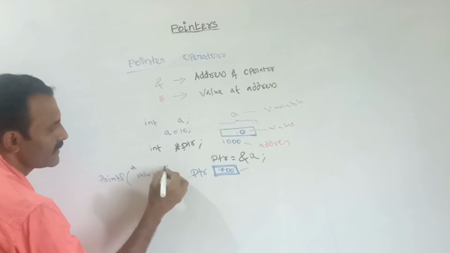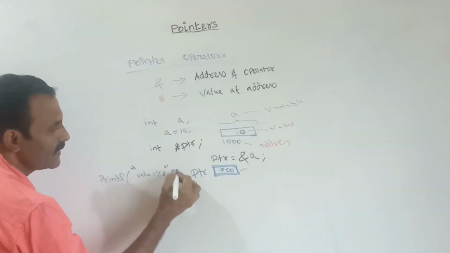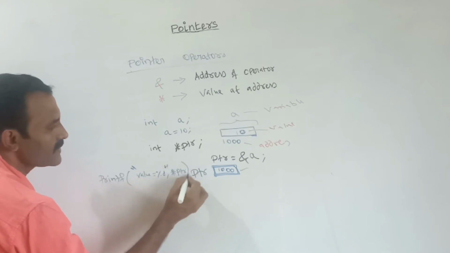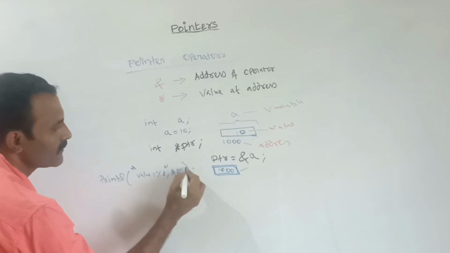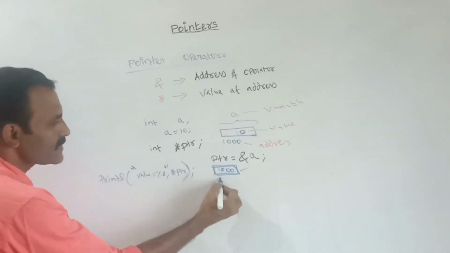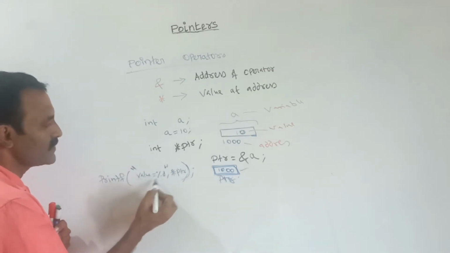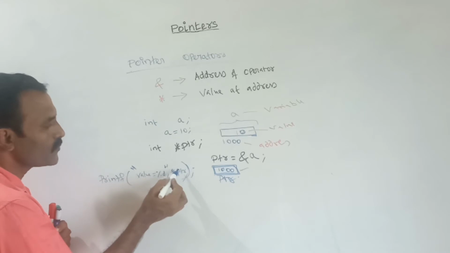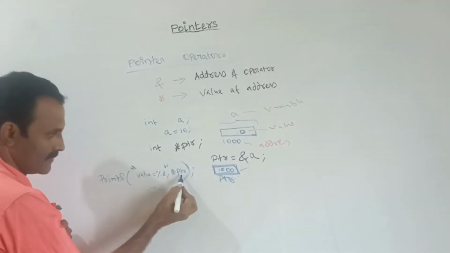I am telling it to print the value at address of ptr.